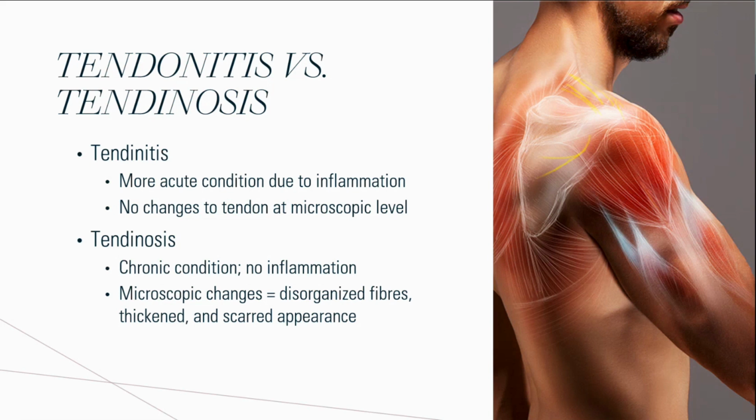So when there's no inflammation happening, then we see a lot more degeneration of the tendon. So that's when we would see things happening at a more microscopic level. You would see that the tendon is thickened and has a bit more of a scarred appearance. So tendinosis tends to be a slower recovery just because it is something that's a little bit more chronic and has been lingering for a while.